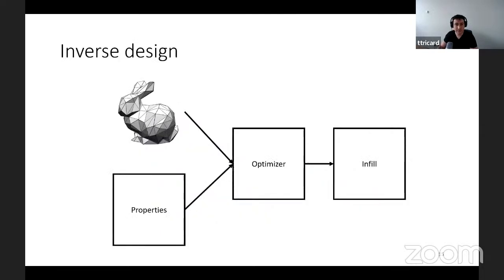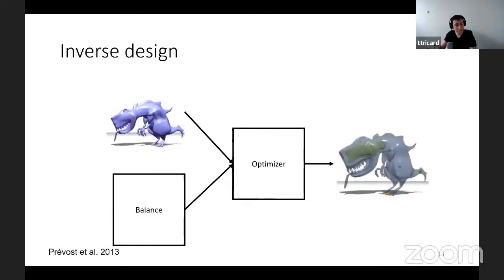So as Sylvain explained a bit earlier, inverse design allows us to optimize a shape so that it matches the property we want. For example, this work by Prévost and colleagues, where they optimize this dragon to balance it so that it can stand on its feet. And as you can see, the optimizer removes matter inside the head so that it can be balanced.